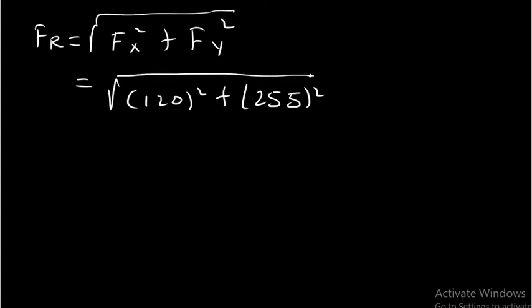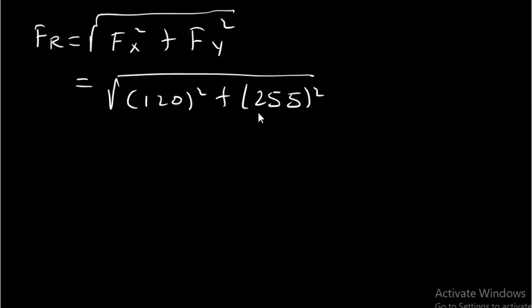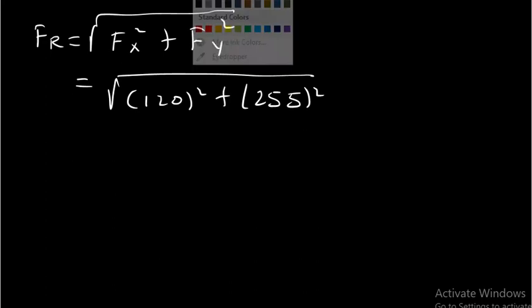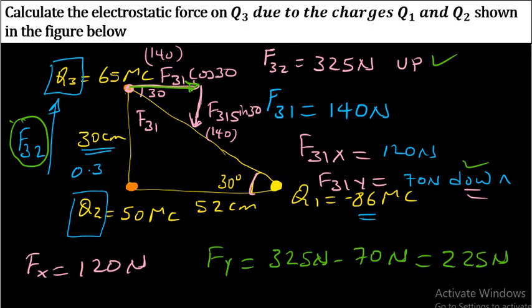Each component force we already got, 120 the horizontal component, and the vertical component is 225, not 255, 225 we will have. So this result will give us 280 Newton. This is the resultant force which will be exerted on Q3 due to Q2 and Q1.